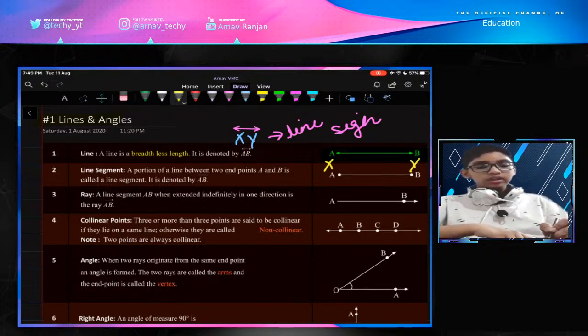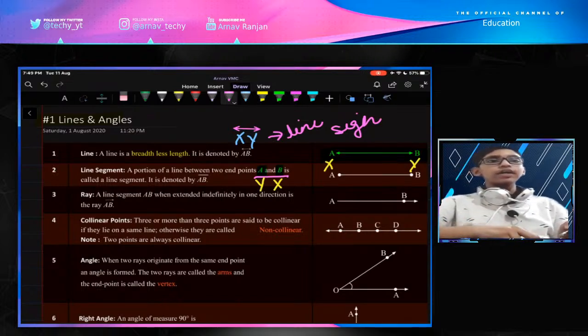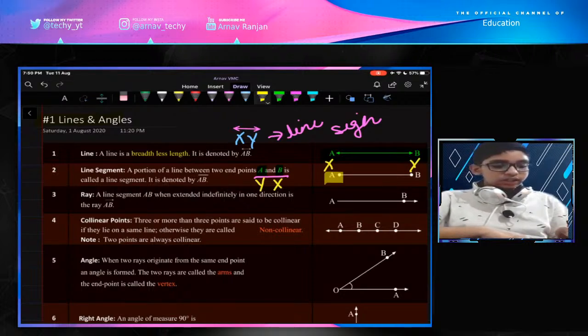Again, it's not just between A and B. You can take it as X and Y here also, or you can take it as Y and X, and we will put a sign of line above it. So it is not only denoted by AB, it can also be denoted by any other alphabet such as X and Y. This is a line segment AB.